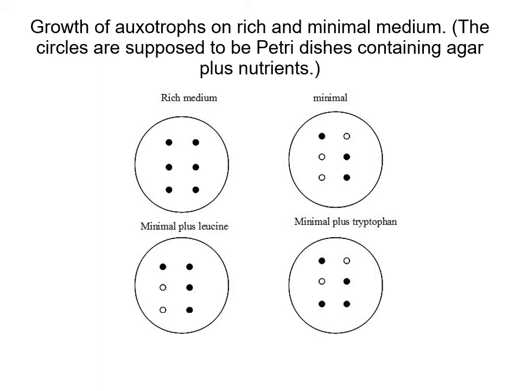Now the other thing to think about here is that if we're considering leucine and tryptophan as the possible auxotrophies of these particular strains, this Leu minus cell, which requires leucine to grow, is actually also Trp plus. And the Trp minus mutant is also Leu plus. The reason that's true is that this auxotroph grew if we added leucine and only leucine to the medium.